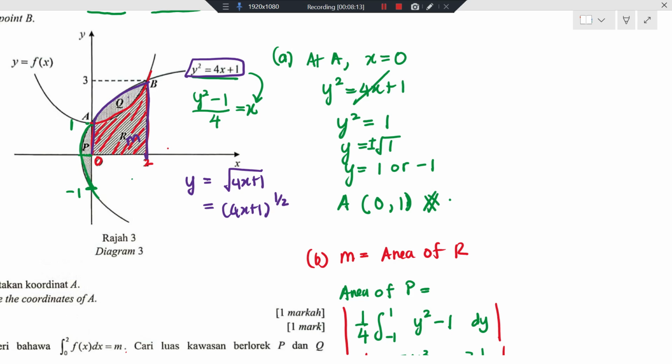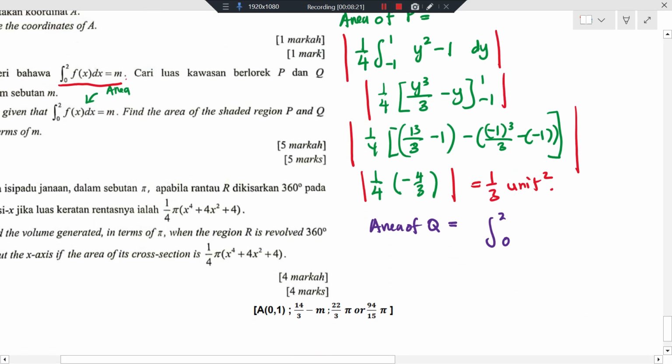Don't try to find the square root of all. You can't do that. So integrating with dx, here it should be y, so your y is 4x plus 1 power half.